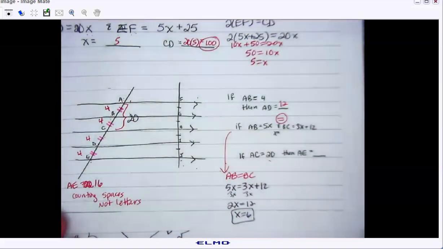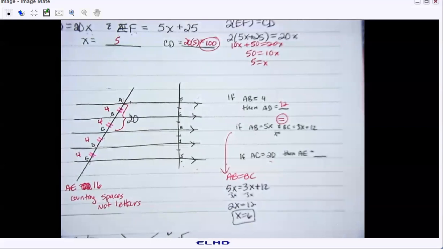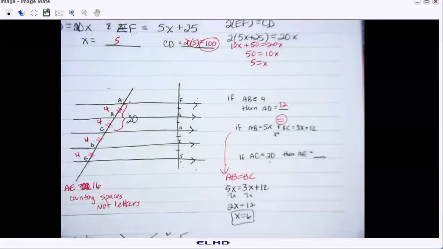So how big is it from A to E? Put it in the chat box.